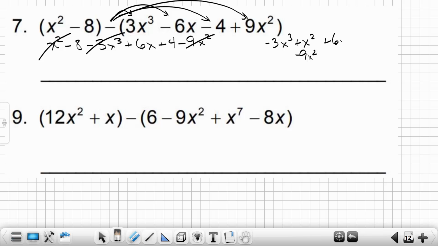Any others? Are there any just numbers? And combine like terms. Watch your positive and negative signs, guys. So x squared minus 9x squared gives me negative 8x squared. Negative 8 plus 4, negative 4.